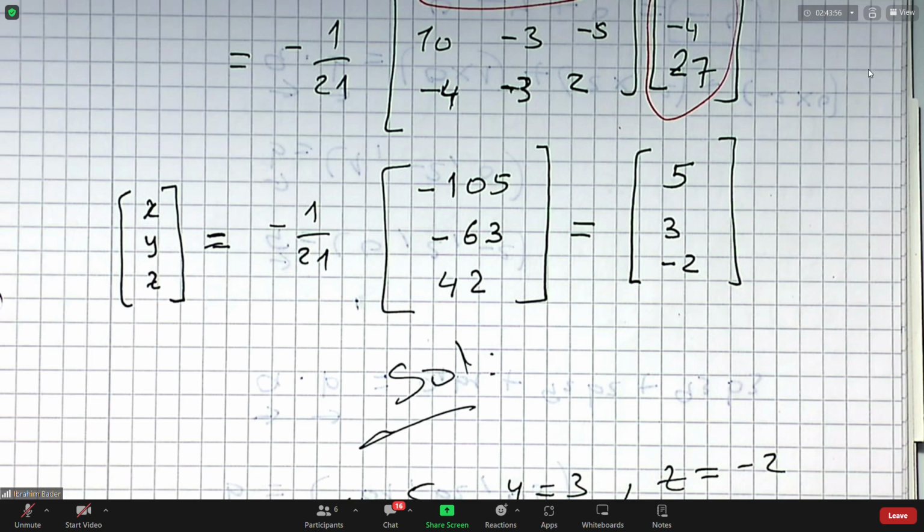How did you get the 3 by 3 matrix above? You mean the inverse, right? Yeah, I told you there's a rule. The one with negative 727 and so on.